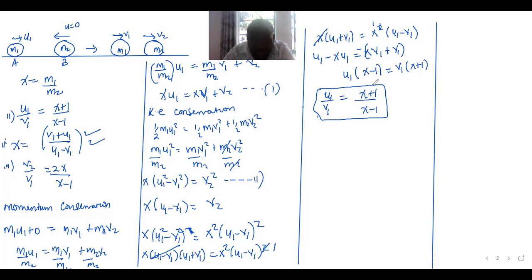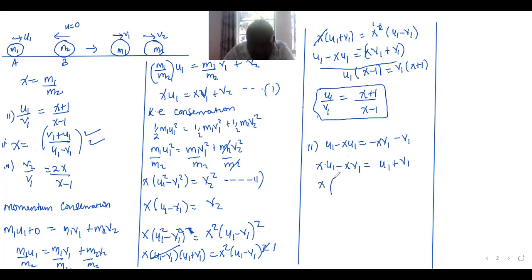The second one is to make X the subject from here. So for part 2, I can start from U1 minus X U1 is equal to negative X V1 minus V1. X U1 minus X V1 is equal to U1 plus V1.